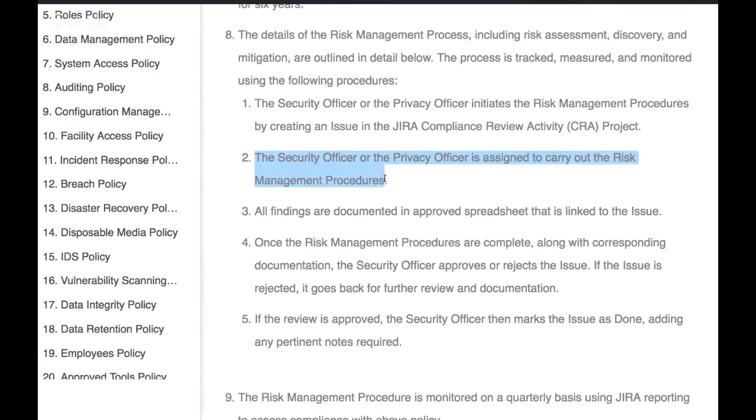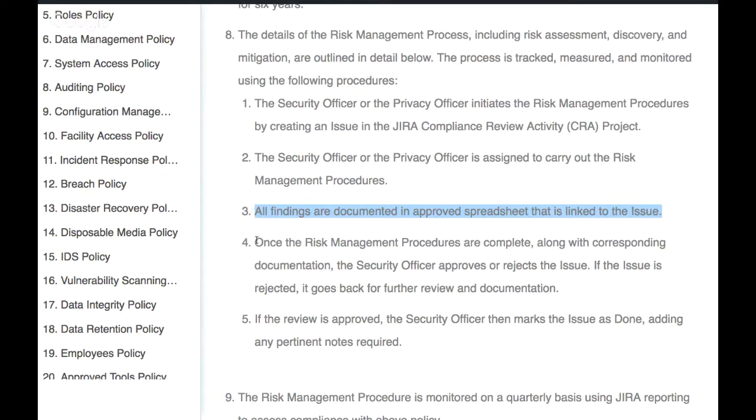The security officer or the privacy officer is assigned to carry out the risk management procedures. All findings are documented in an approved spreadsheet that is linked to the issue.